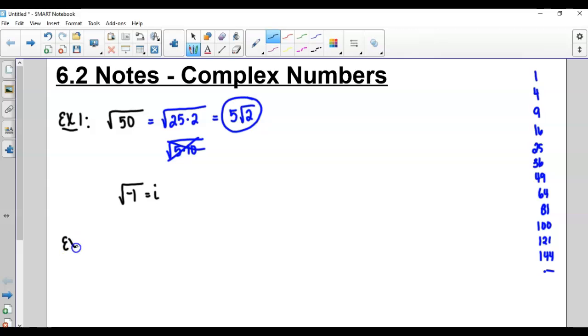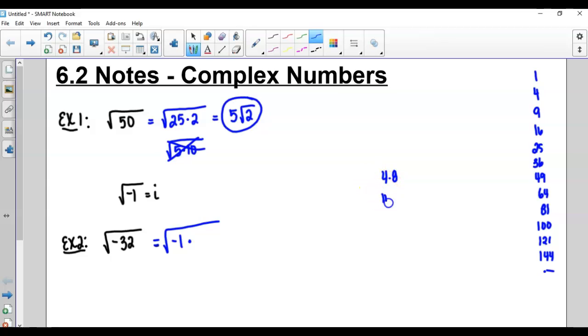So if we get something like this, example 2, where we're asked to simplify the square root of -32. So for this problem, we've got -32. When we break this down, we want to have -1 times, and then for 32, I could use 4 times 8, but there's a bigger number that will work.